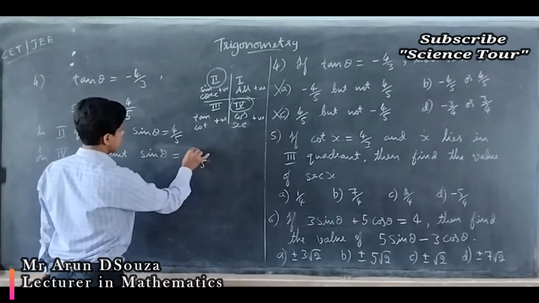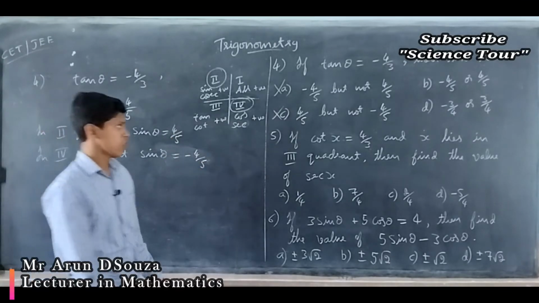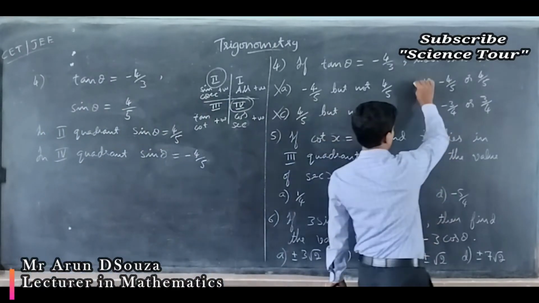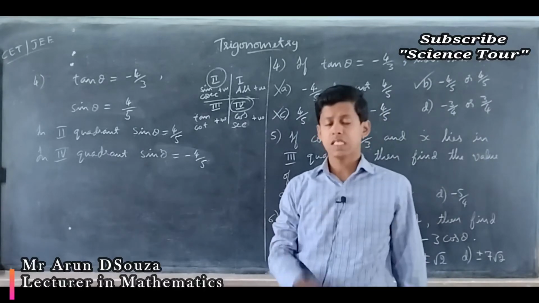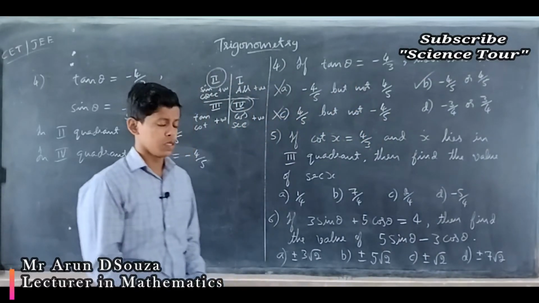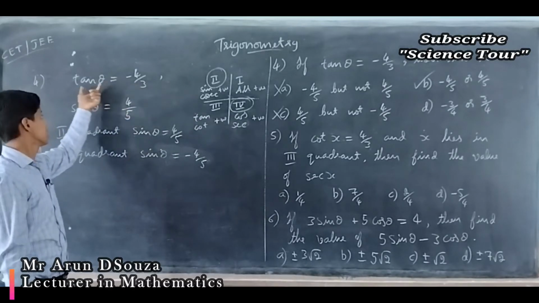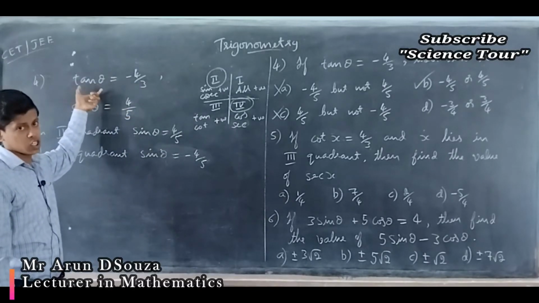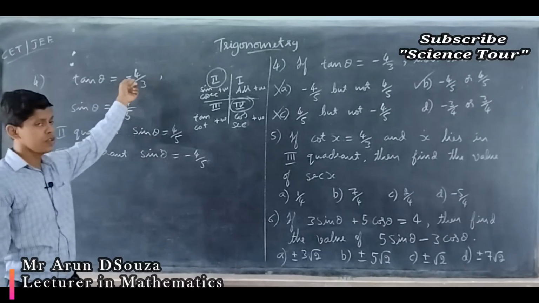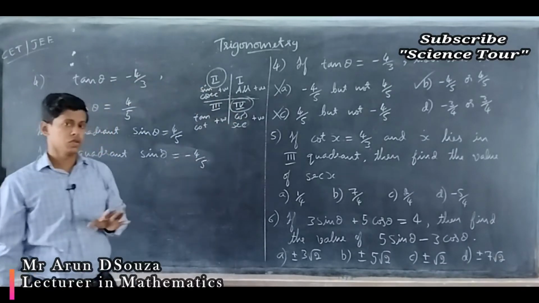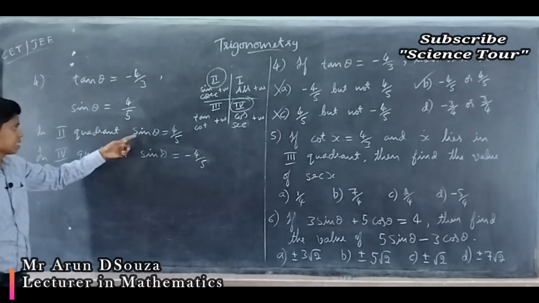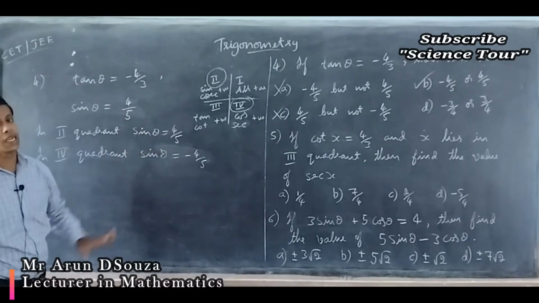So either 4 by 5 or minus 4 by 5, that is option B. So option B is the right answer. Even though the quadrant is not given, we can guess the quadrant depending on the sign of the given function. Tan is negative, that means second or fourth. Sine is positive in the second and negative in the fourth.